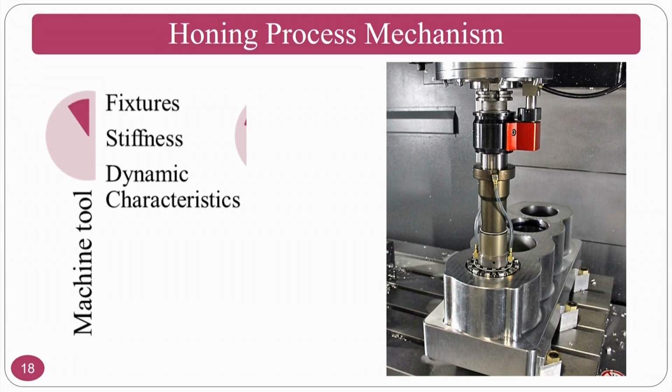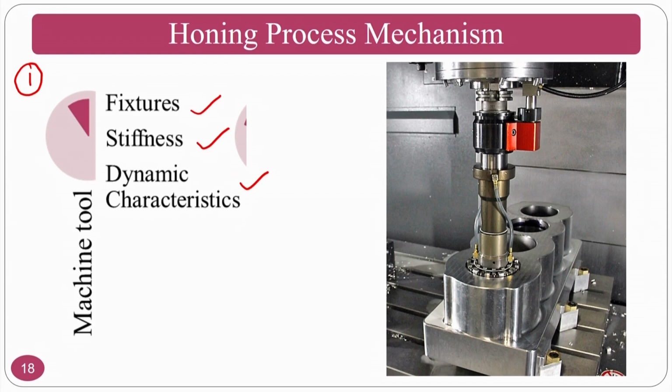The first one which will affect is the machine tool, which covers the fixture, stiffness, and dynamic characteristics, like how the machine tool is fabricated. Normally machine tools are made of cast iron so that it can have damping effects.